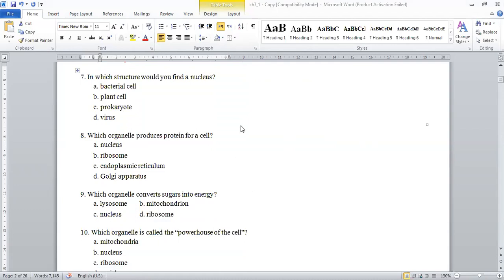Yes. In what structure do we find the nucleus? In plant cell. Bacteria are prokaryotic, here also prokaryotic, here also a virus. So you can find a nucleus only in what? Animal cell and plant cell. Excellent. Here we give you plant cell. Next question.